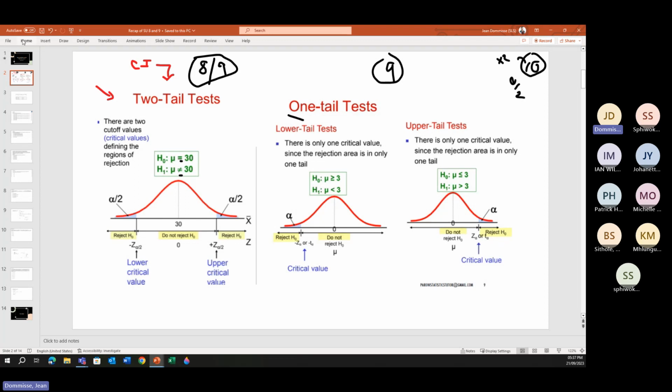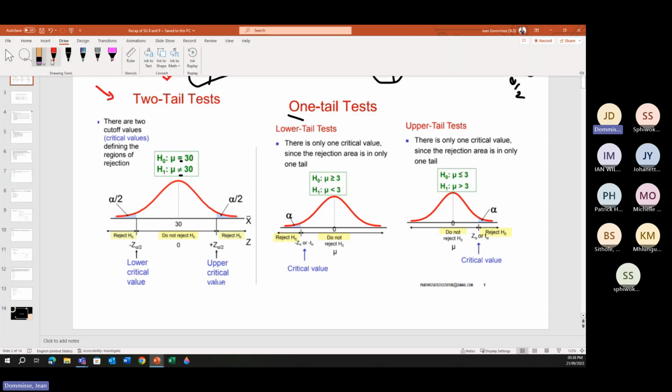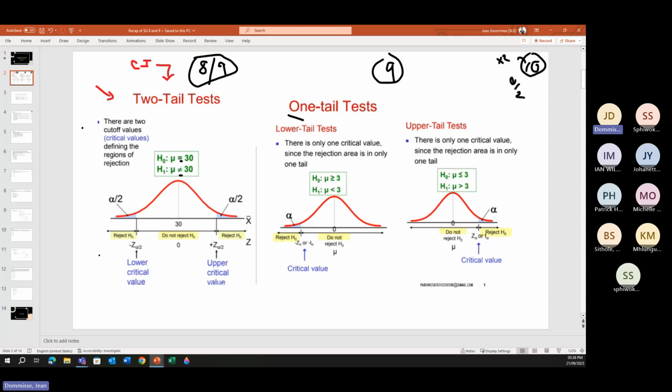I thought that is a very nice, easy one for you to have at hand when you need to make your decisions about the rejection area. So we will use this slide again later on because it's a very nice summary of the rejection areas and things like that.